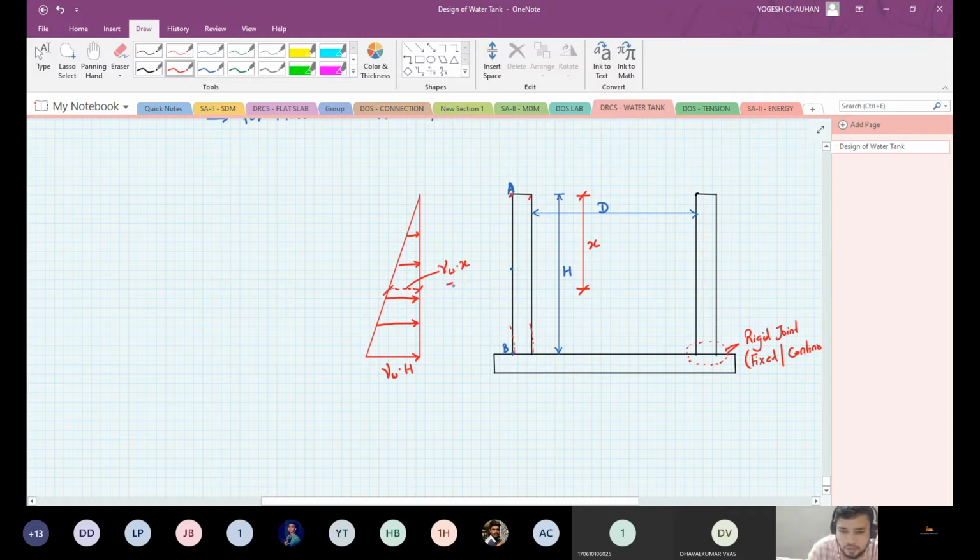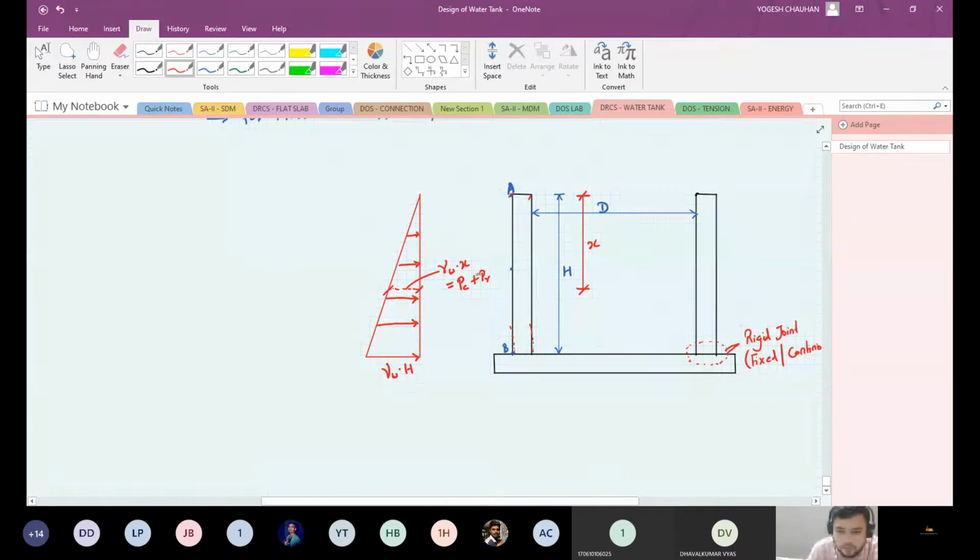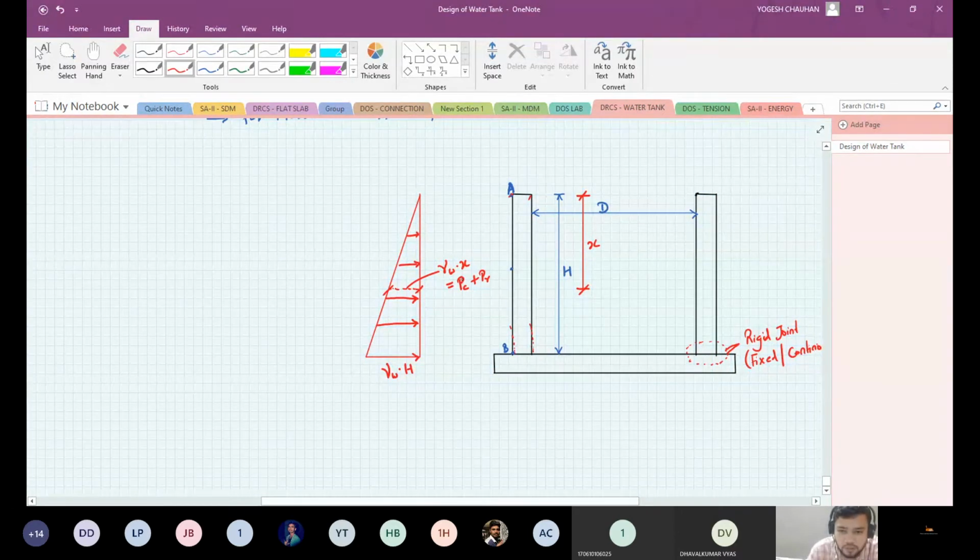This pressure is resisted by the cantilever action and the hook tension, that is the radial pressure. It will be equal to the pressure due to cantilever action plus the pressure due to radial action.